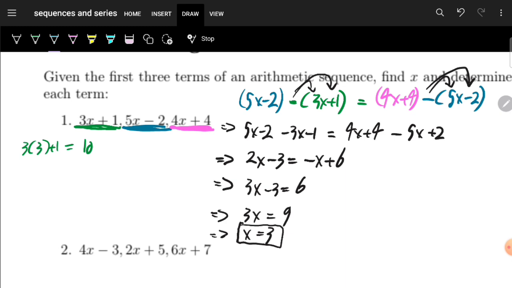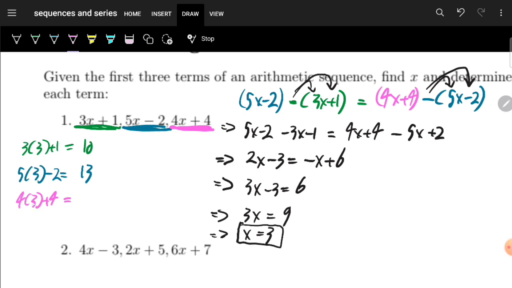If we plug in 3 here, we get 5 times 3 plus 1, that's 15 plus 1, so 16. And the last one, if we plug in 3 there, 4 times 3 plus 4 equals 12 plus 4, is this right? Oh, sorry, this was minus 2. So let me fix that, minus 2. So this is 15 minus 2, which is 13.